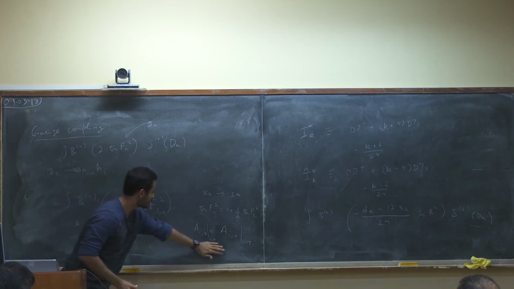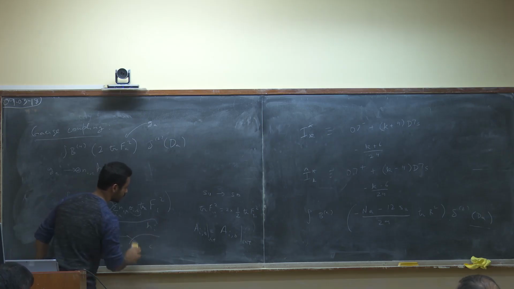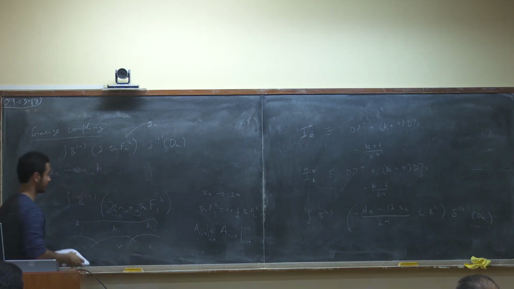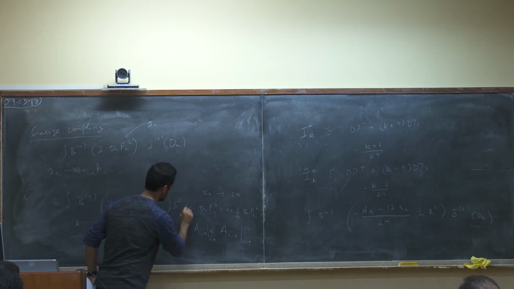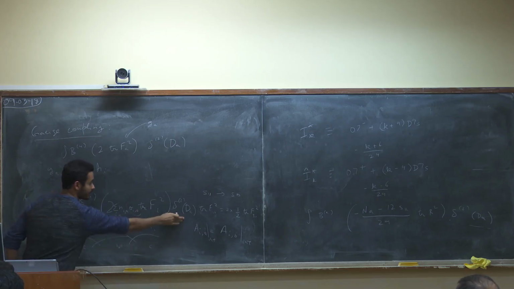So let's say you impose this boundary condition. Then this allows you to remove the A over here. You identify all the field strengths as a single field strength. Okay, and there was a delta function here. So let me just take out this trace Fi squared and combine this sum with the delta function.